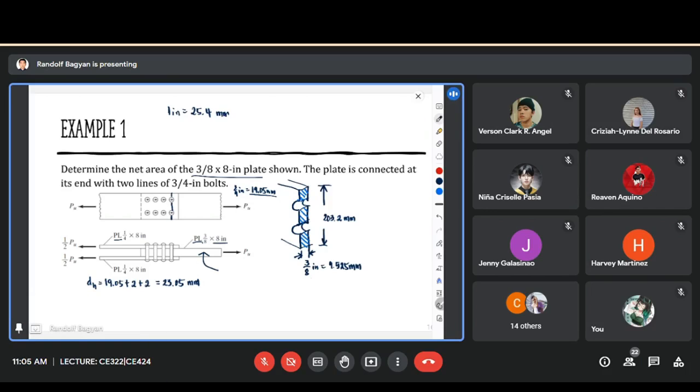Pwede na natin i-compute yung net area. Net area natin is equal to the gross area, yung buong area natin. Then, i-minus lang natin yung mga area ng butas or area of holes. Okay? Yan yung area ng holes. At ano ang area ng holes?